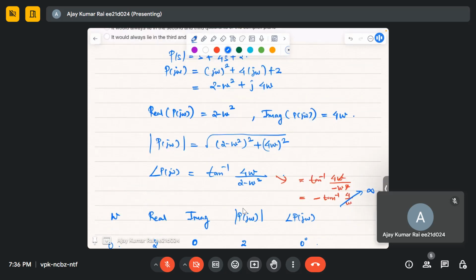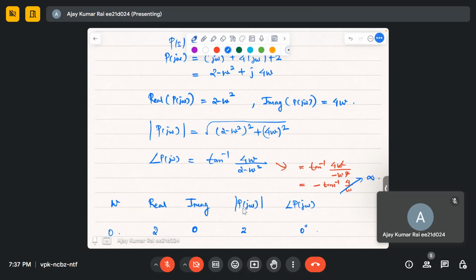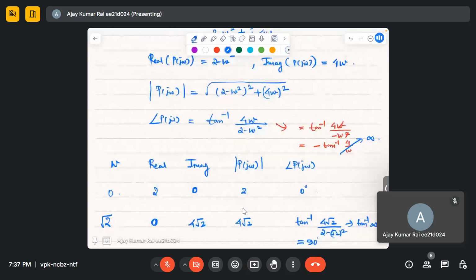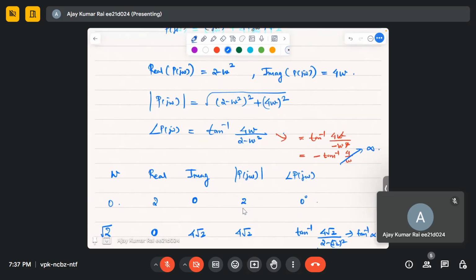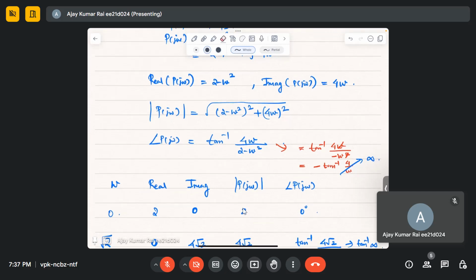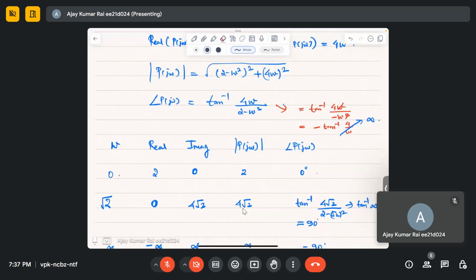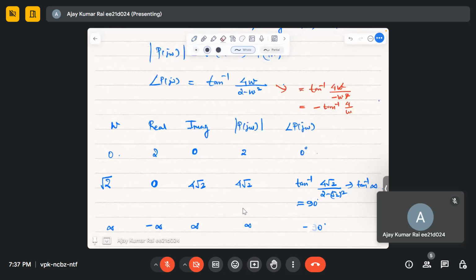Okay, so again let's see what the real part is. 2 minus omega square, and omega is infinity. You'll get negative infinity, right? Because it's negative, this portion. And in the imaginary part, as omega tends to infinity, tan inverse of 0. Okay, correct. So as omega tends to infinity, this will be equal to 0.